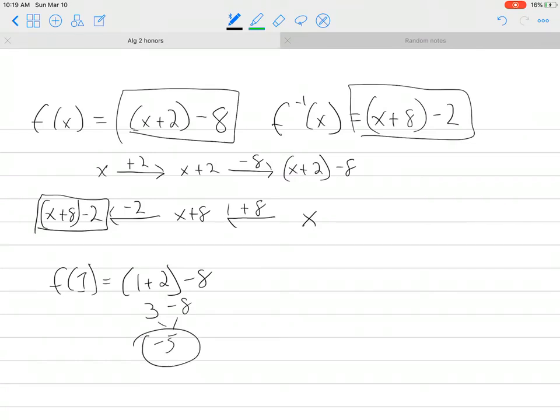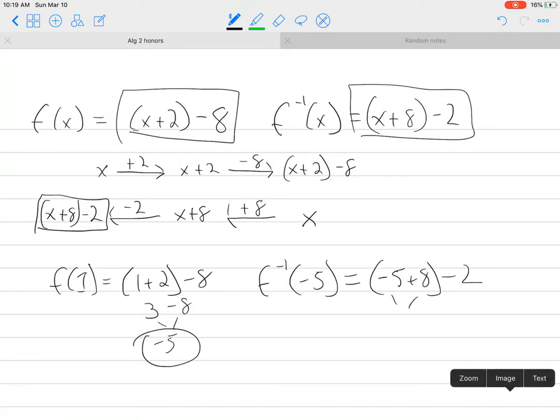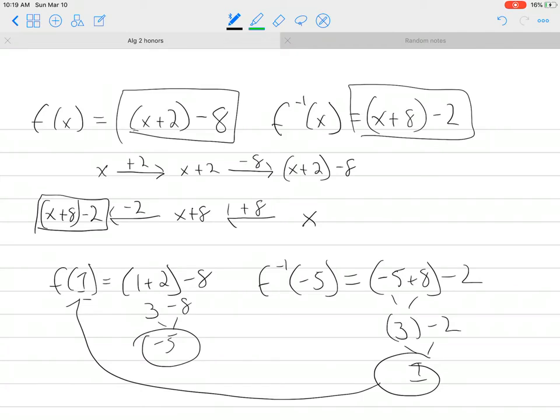I'm going to take this negative 5 and plug it into the inverse. So I'm going to find the inverse of negative 5, which is negative 5 plus 8 minus 2, which is 3 minus 2, which is 1. And look at that. 1 is the number I plugged in, so I verified that my inverse is correct. Boom. Hopefully you were able to do the same thing.